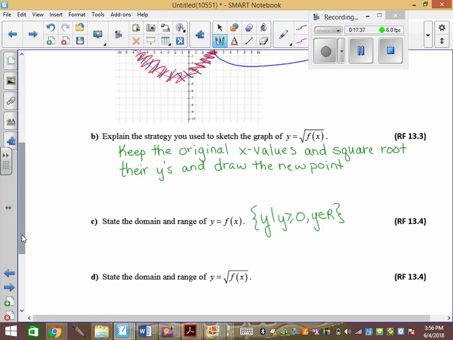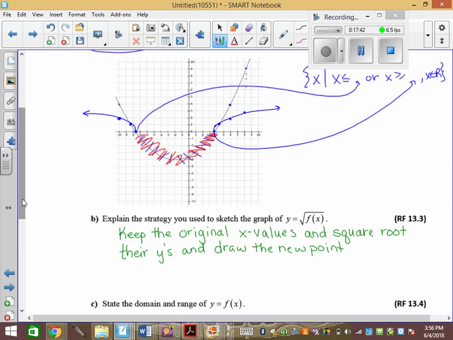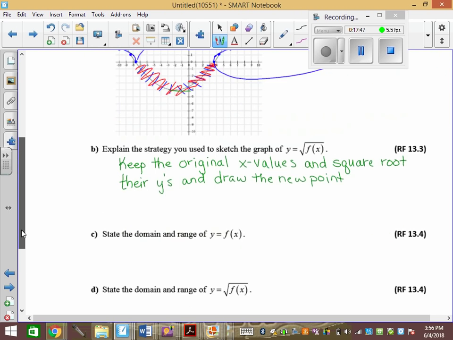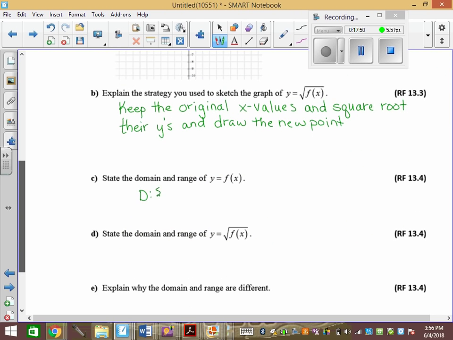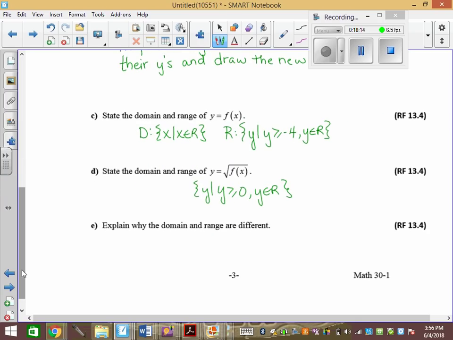Oh, sorry. This is the domain and range of f of x. The domain would be x is an element of the real numbers, and the range would be y greater than or equal to negative 4. That's the minimum. For the radical, I explained the domain above, and the range would be greater than or equal to 0. It says explain why the domain and range are different.